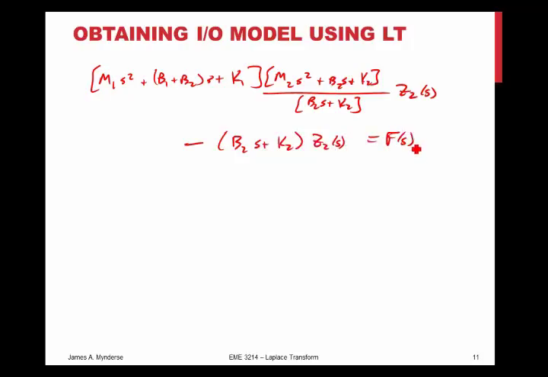And so now by making that substitution, I've got this all in terms of f of s, my input, and z2 of s, my output.